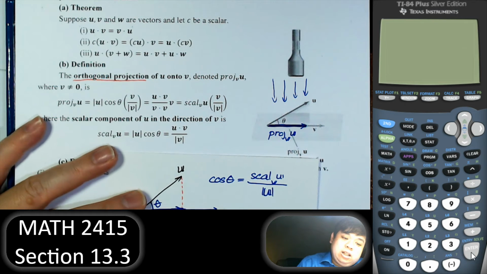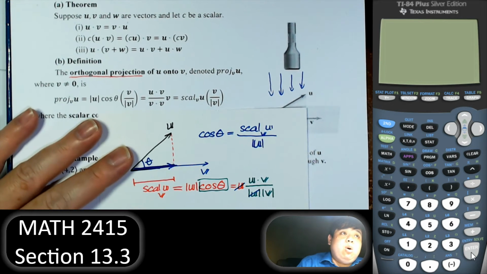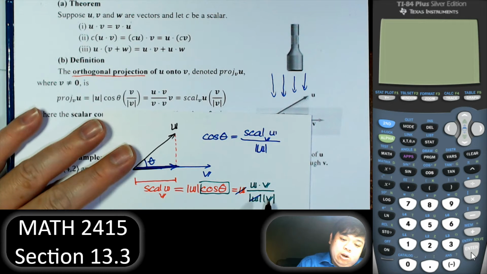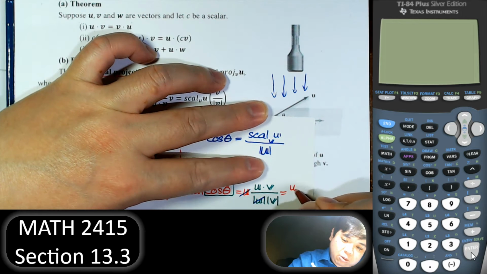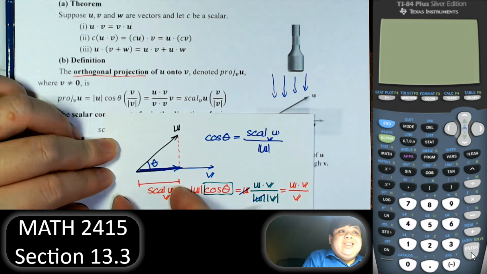So in that case, the scalar component is going to be u dot v over the magnitude of v. The dot product over the magnitude of v. Right, that's only the length now.